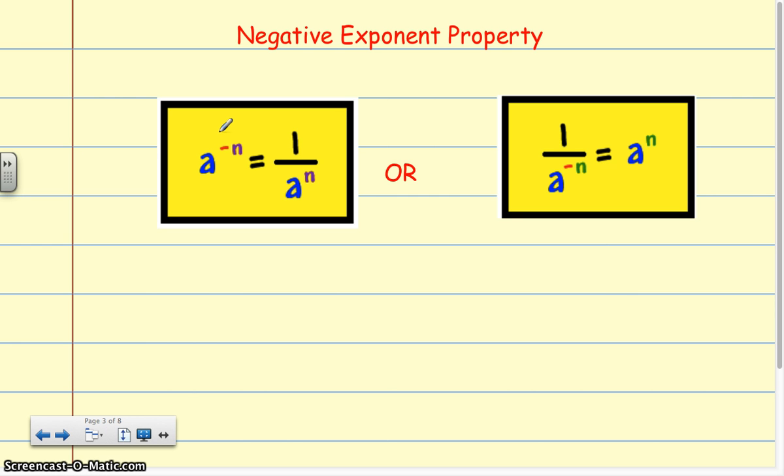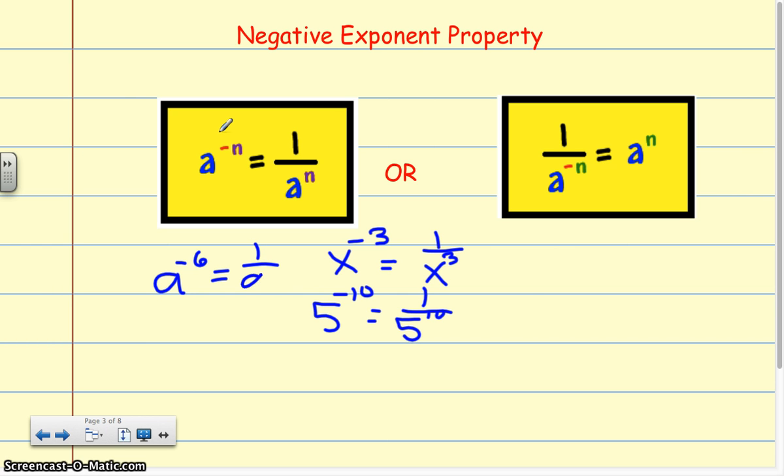Example, x to the negative 3 would turn into 1/x cubed. 5 to the negative 10 would turn into 1/5 to the 10. a to the negative 6 would turn into 1/a to the 6.